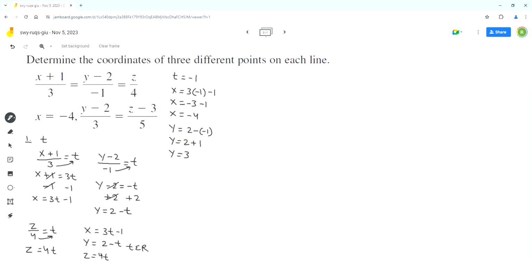I get y equals 3. Now we can sub in t equals -1 in the z equation. So the first point on this line is as shown.